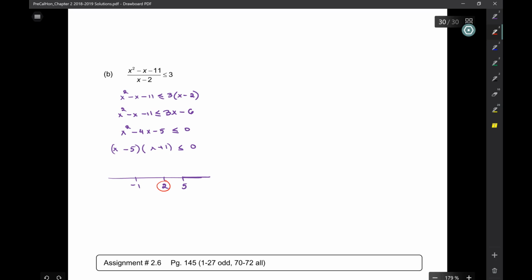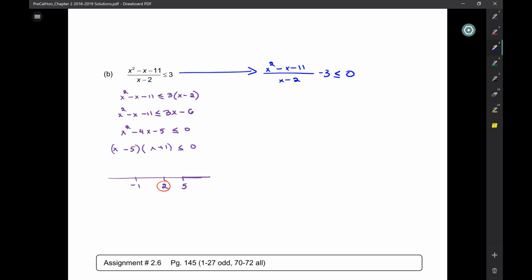You're going to take this function here, x squared minus x minus 11 over x minus 2. You can't be comparing it to 3. You have to compare it to 0, because that's where the positive changes to negative. So you bring the 3 over, less than or equal to 0.